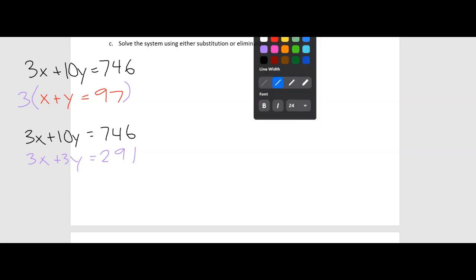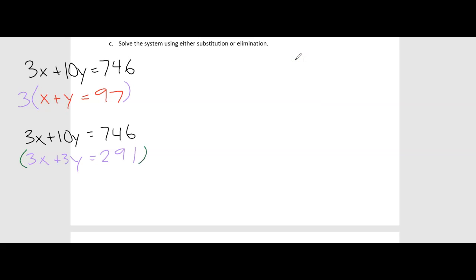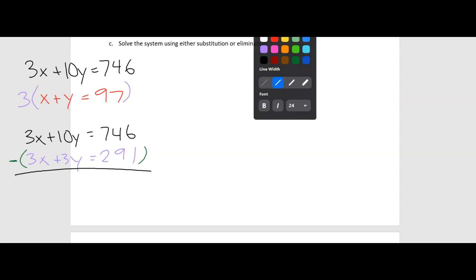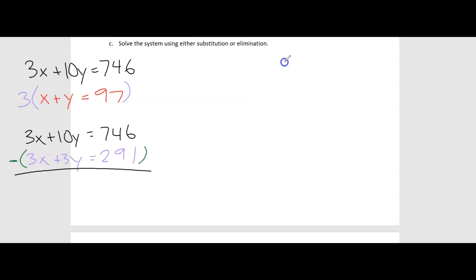Now I don't want to add these equations together because that's not going to eliminate the x's. I want to subtract. And remember, I have to subtract every single term. So you can either think about it as subtracting everything that's purple, or you can think about changing all of the signs first. I'll just talk about it as subtraction. So 3x minus 3x gives me 0 x's, so those are just eliminated. 10y minus 3y gives me 7y.